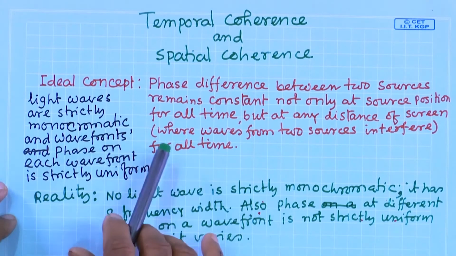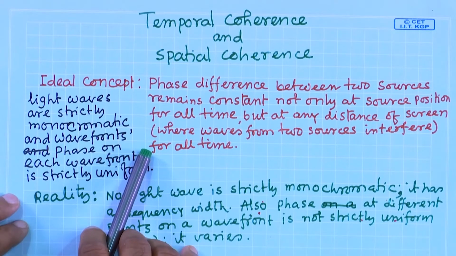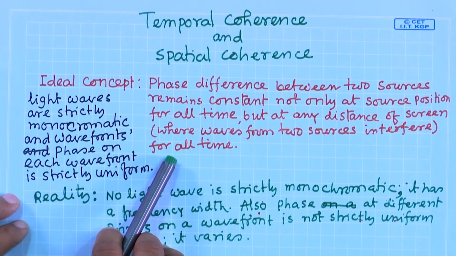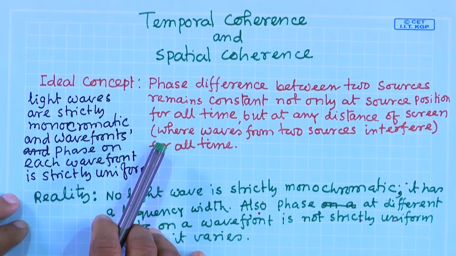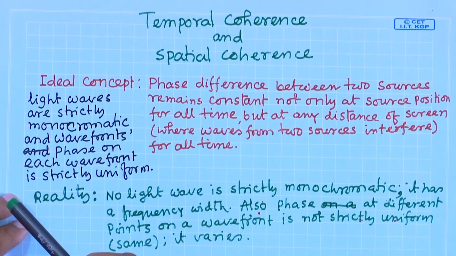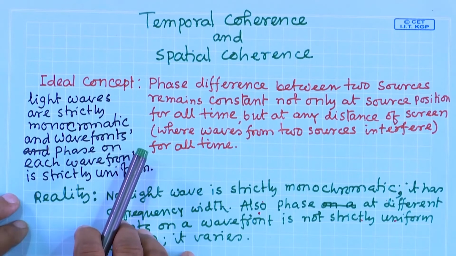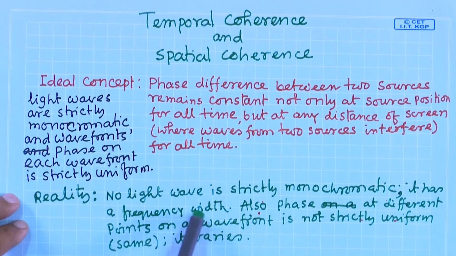But in reality it is not possible. What is not possible? To get strictly monochromatic light. Whatever light we use has a bandwidth. The bandwidth may be very small, but it will still be there. No light wave is strictly monochromatic; it has a frequency width.